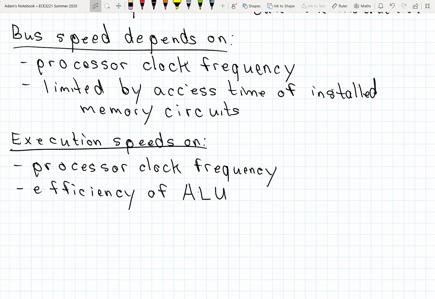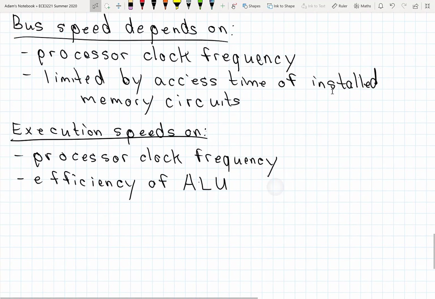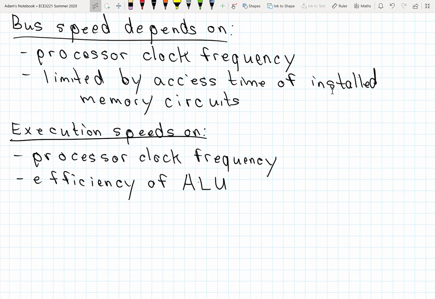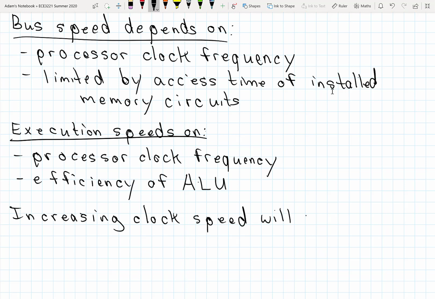You can see the variation between different instructions. So a couple things that you may take away from this that might seem obvious to say, well, let's just increase the clock speed. Well, increasing the clock speed will make the computer faster, but it also increases the temperature of the processor.